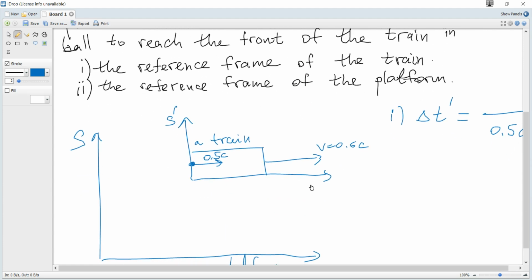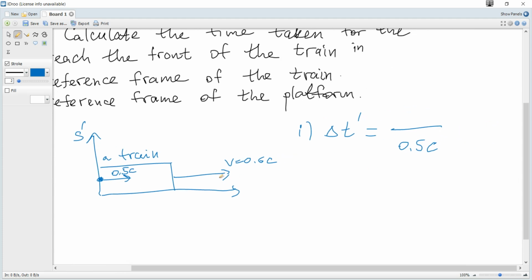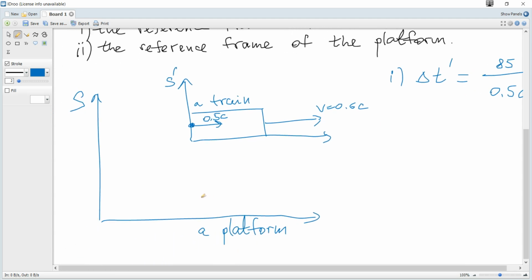We know that proper length is measured in a reference frame where this train is stationary, and this train is stationary in S primed, so it's 85 meters. The observer, which is stationary on a platform in S, will measure the contracted length, which is 85 divided by gamma.